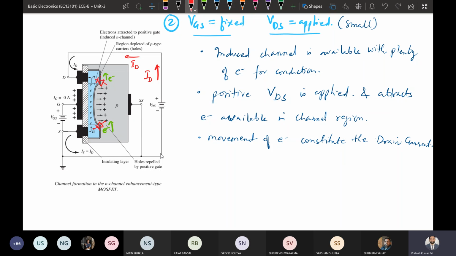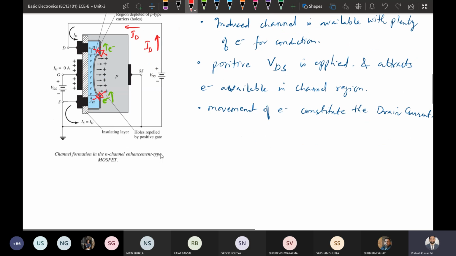But in this case, this is connected to positive and this is connected to ground. So that means the diode on the drain side has more reverse bias than the diode on the source side. That's why there will be more depletion region near the drain side.